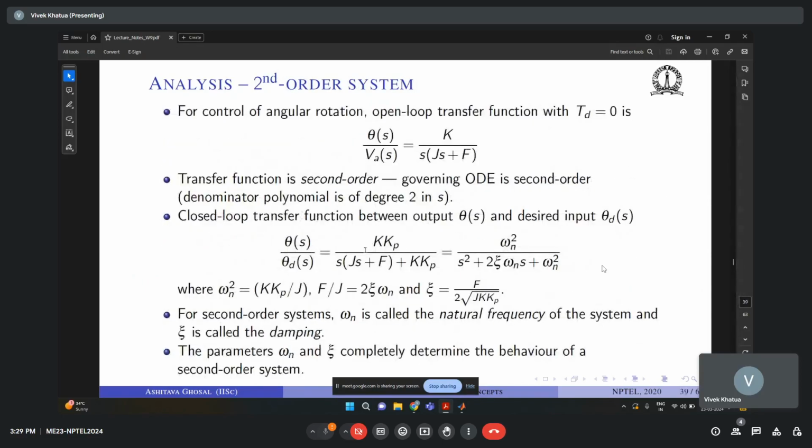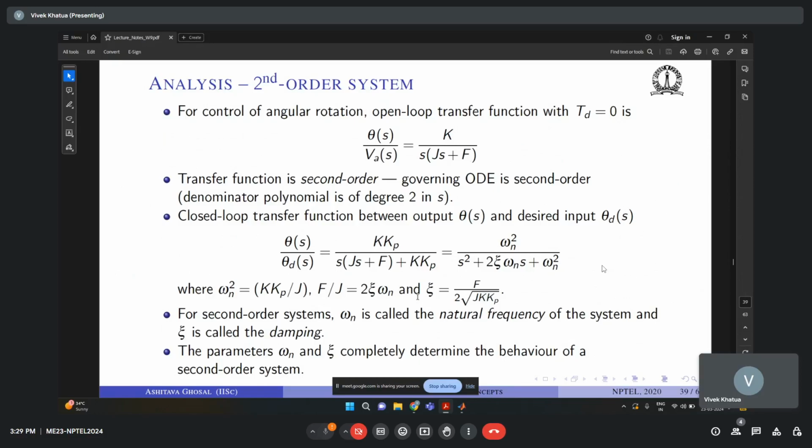In a second order system, you would find an s that is multiplying additional to this. We'll derive how it comes across. So your transfer function, in second order open loop, is k divided by s times js plus f. We'll see how this expression comes later on.